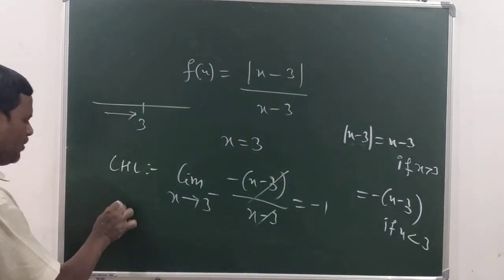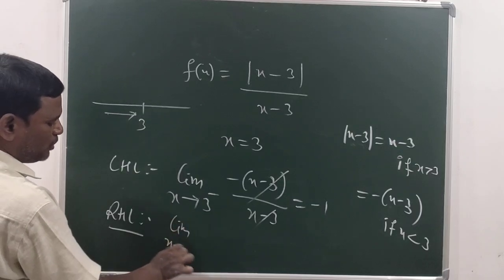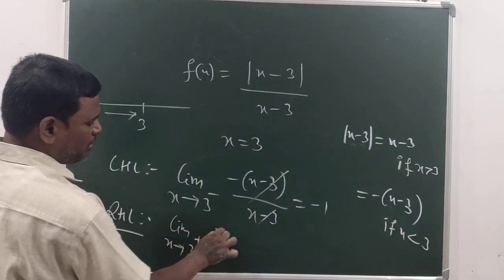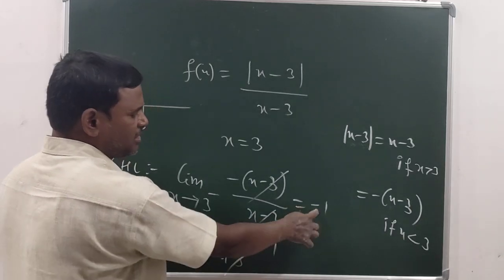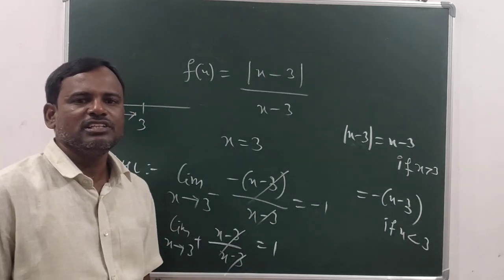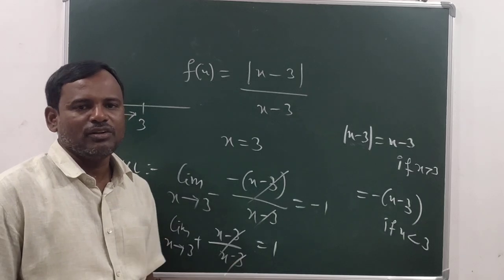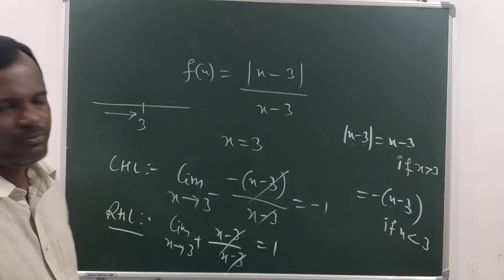In the same manner, if you find the right hand limit, limit x approaches 3 plus, x minus 3 by x minus 3, both of them cancel, 1. This is minus 1, this is plus 1. Both are not equal. Hence, this function is not continuous. If it is not continuous, obviously not differentiable.